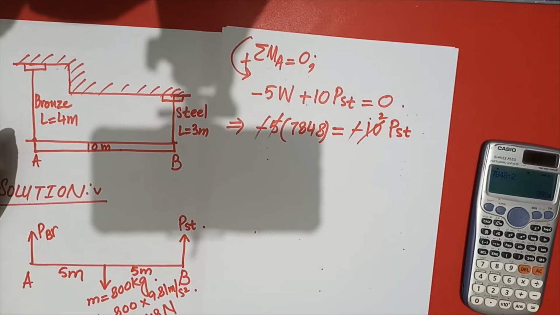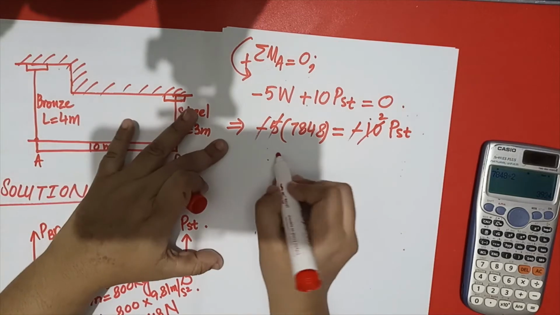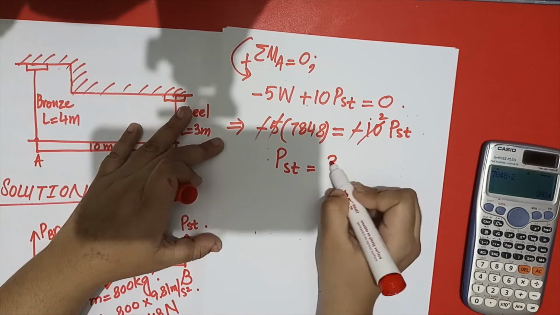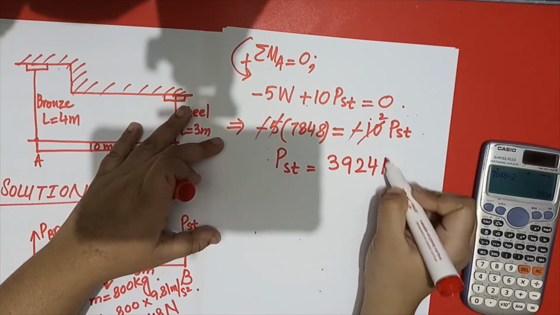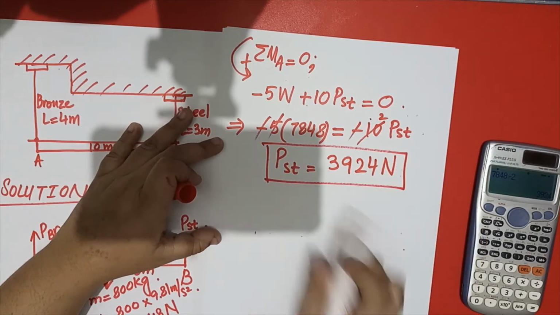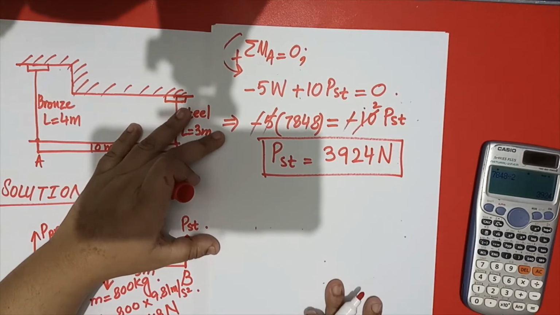So P_ST comes out to be 3924 Newton. This is the load or tension in the steel cable.